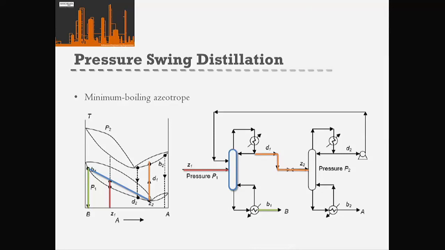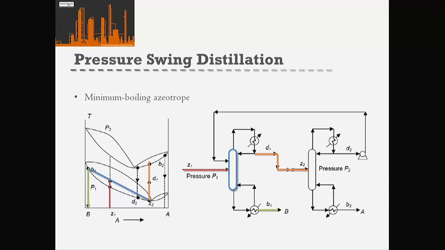But if we change the pressure now for our feed into our second column, what we've done here is we've actually increased the pressure. And if that change in pressure moves the position of our azeotrope, we can now take advantage of that.